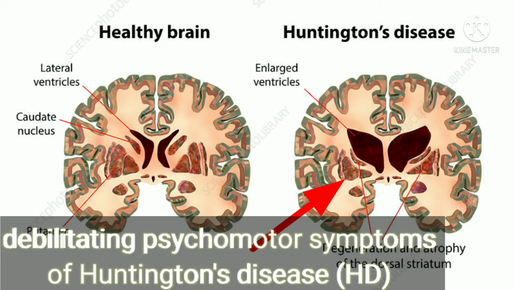Once there is caudate nucleus and putamen degeneration, this will cause debilitating psychomotor symptoms. This will lead to writhing, slow, choreiform movements, and these are the typical symptoms which are seen.